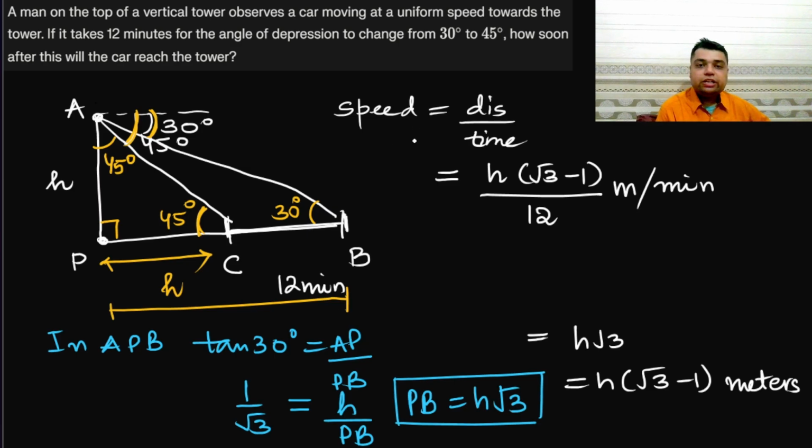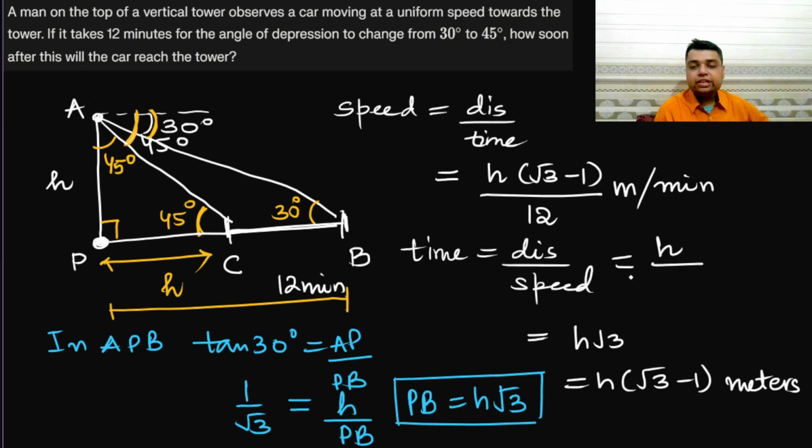Okay, now we need to find how much time it will take to reach P. Right, so the distance here is h only, so time will be equal to distance upon speed, right? So distance is what? This is PC. PC is h upon speed, which we already calculated, so that is h times root 3 minus 1 upon 12.